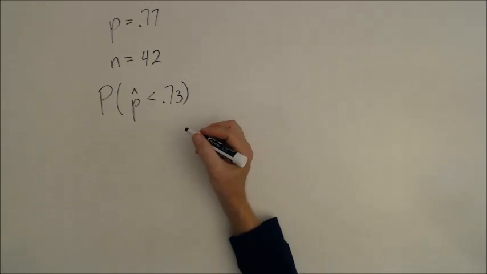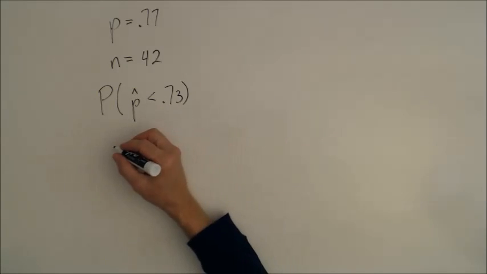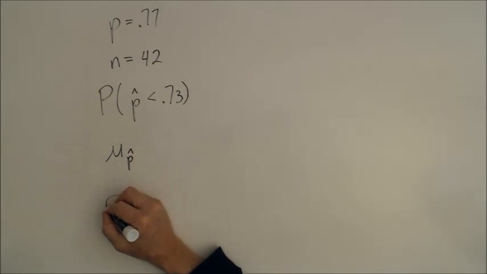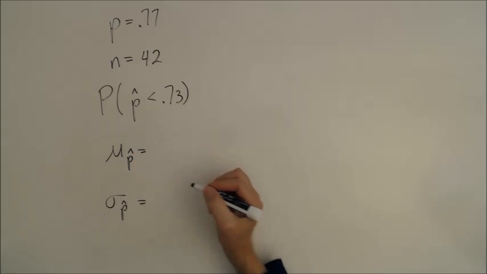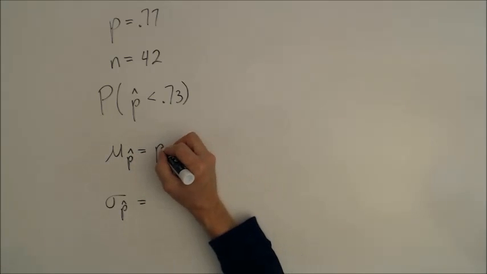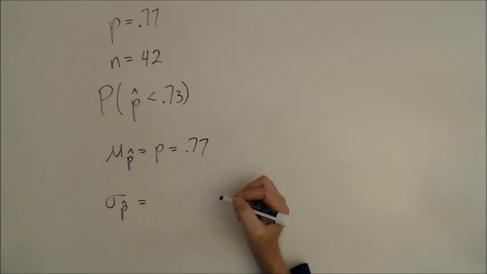To compute such a probability, we need to know about the distribution of these sample proportions. Can we compute the mean? Can we compute the standard deviation of these sample proportions for samples of size 42? Yes, we know the mean is given by the value of the population proportion, here suggesting 77%.